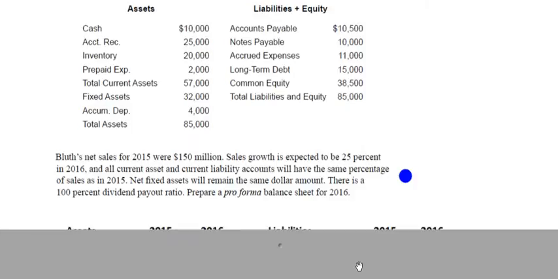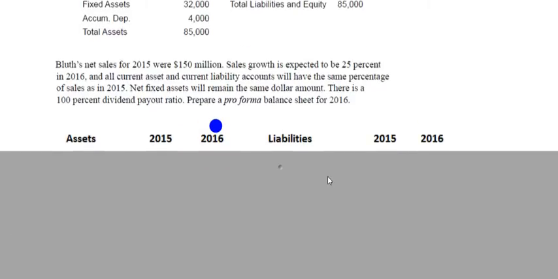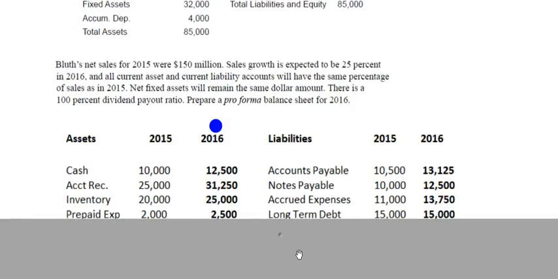So we just want to set this up where we have all our 2015 numbers, and then we want to project our 2016 numbers. What's going to change is our current assets and our liabilities.